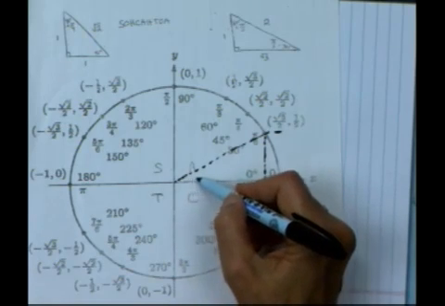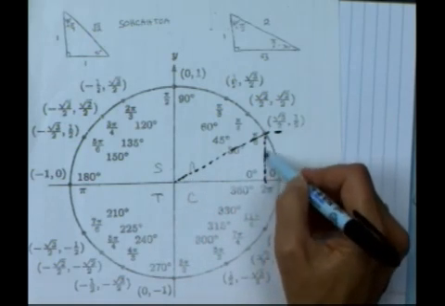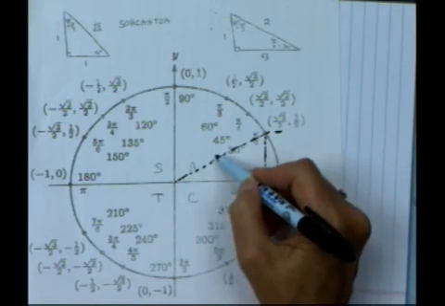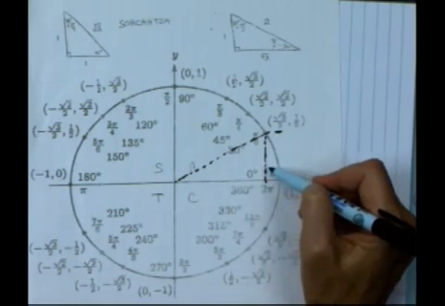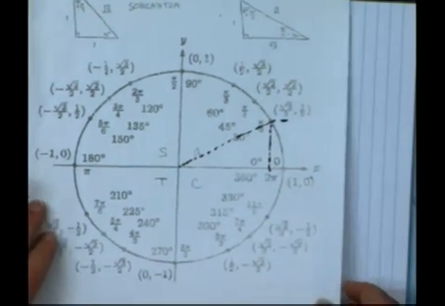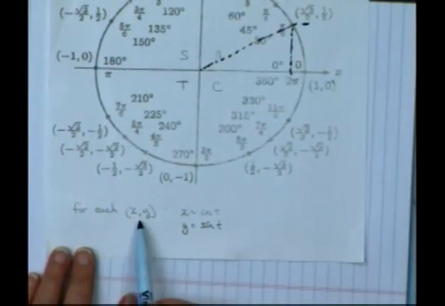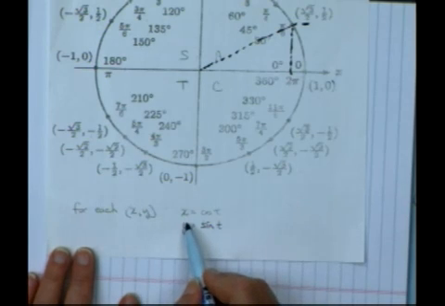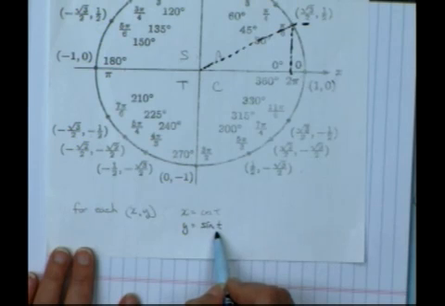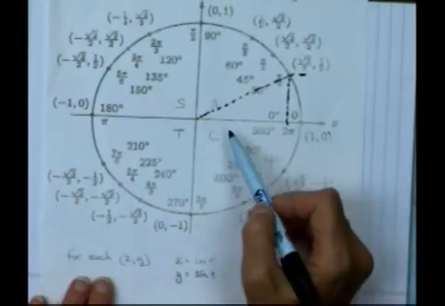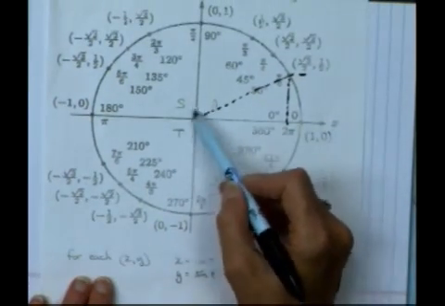And if you're at pi over 6 or 30 degrees, the opposite, which is the y value over 1, turns out to be the sine. So down at the bottom of this little unit circle, it's written that for each ordered pair x and y, x is going to be the cosine of the angle and y is going to be the sine of the angle. And again, that's because your angle will be with respect to the origin here.